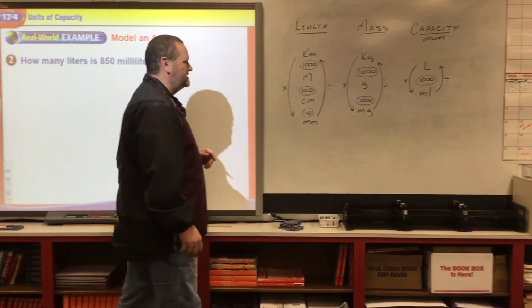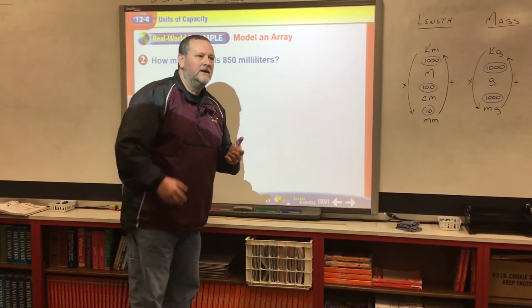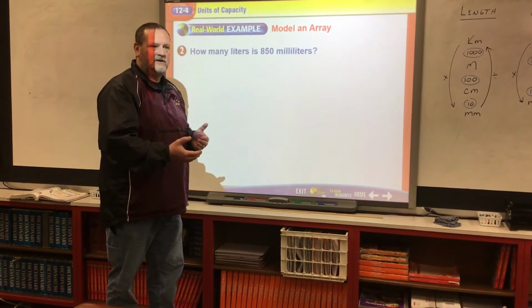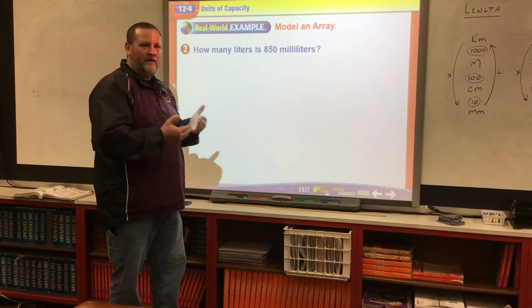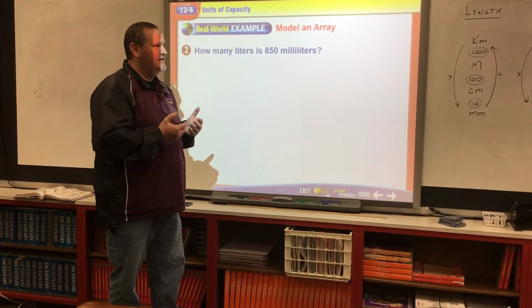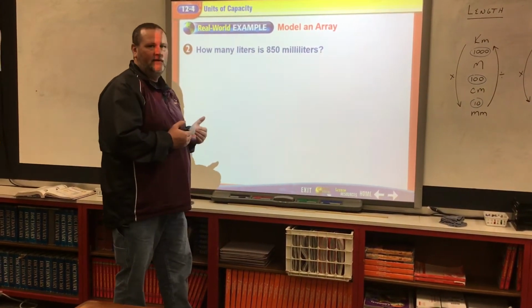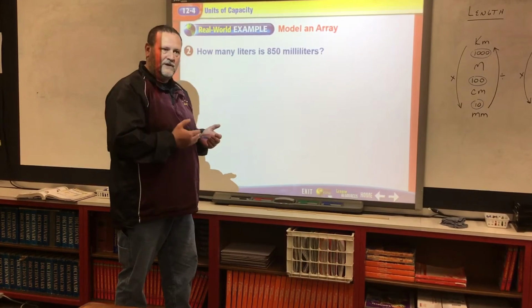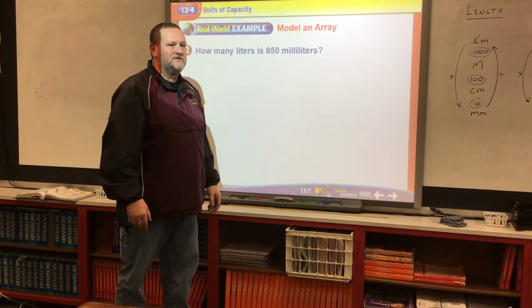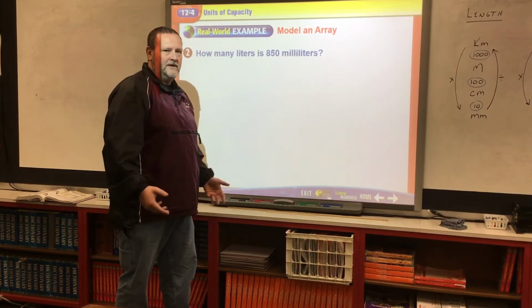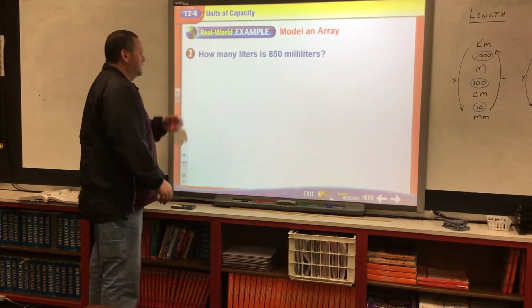Now in the last lesson, Mrs. Lund pointed out that whenever you're dividing by either 10 or 100 or 1,000, all you're really doing is moving your decimal point. Okay? If you divide by 10, you move your decimal point 1 place to the left. If you divide by 100, you move it 2 places. Well, we're going to be dividing by 1,000, so we would have to move our decimal point 3 places to the left. And that's all we're really going to be doing.